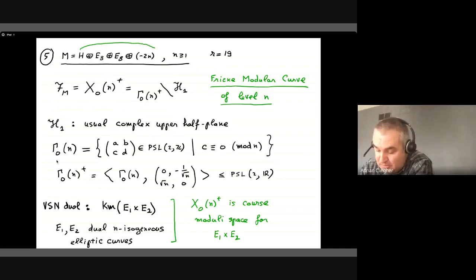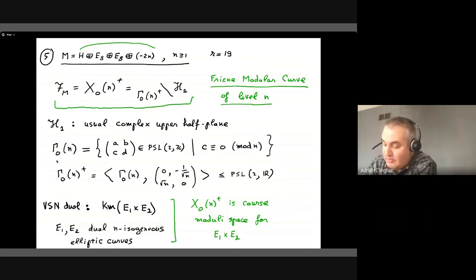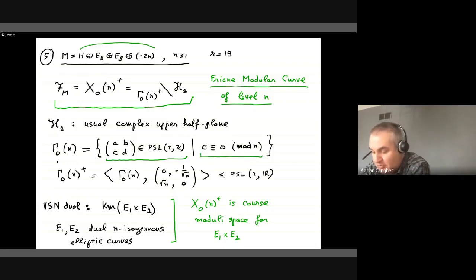If one goes through the Torelli machinery I described perhaps 15 minutes ago, the moduli space of periods turns out to be a quotient that is quite well known in number theory and arithmetic geometry: the quotient of the usual complex upper half plane by the so-called Fricke modular group, which is obtained in this way. You first look at the PSL(2,Z) matrices for which c is divisible by n, so that will be the usual congruence subgroup of order n.